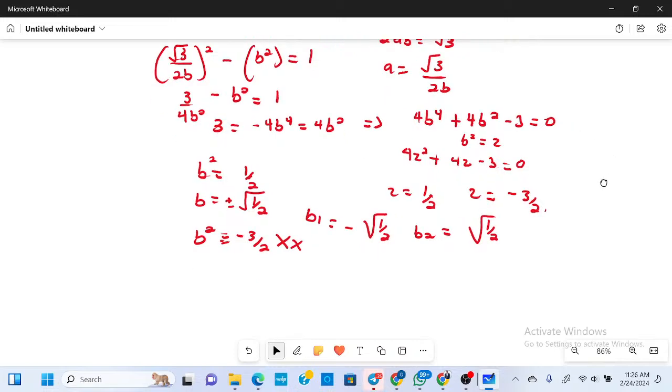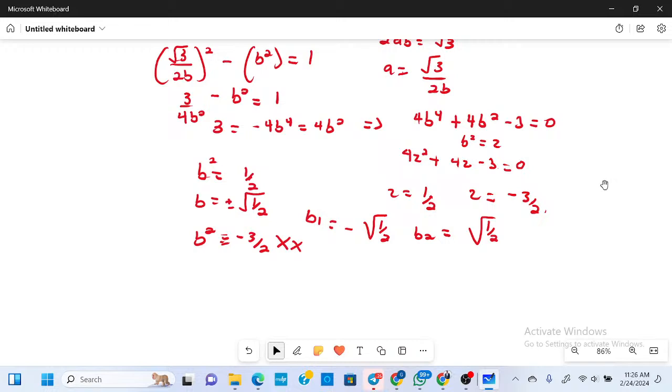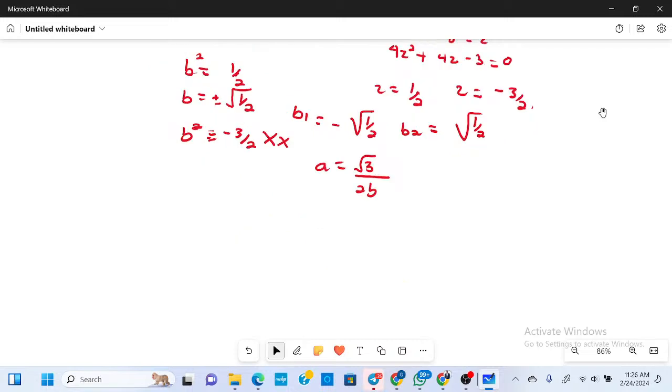Now, using b, I can find my corresponding a. Since my a is simply square root of 3 over 2b, I can find the corresponding values of a. I'll get a equal to square root of 3 all over 2 multiplying the expression root of 1 over 2. So here, I'll take root 3 over 2 out.